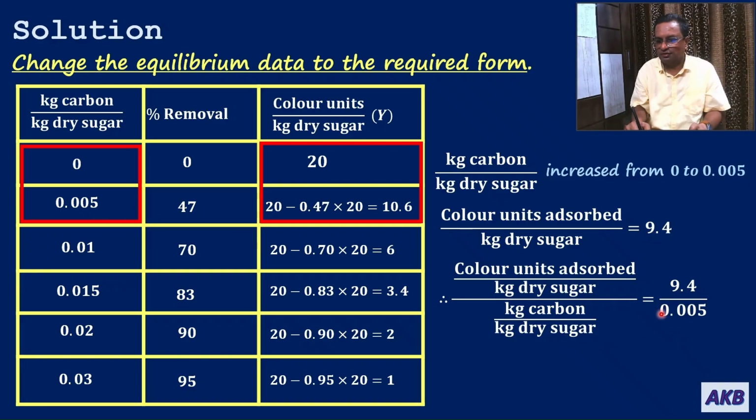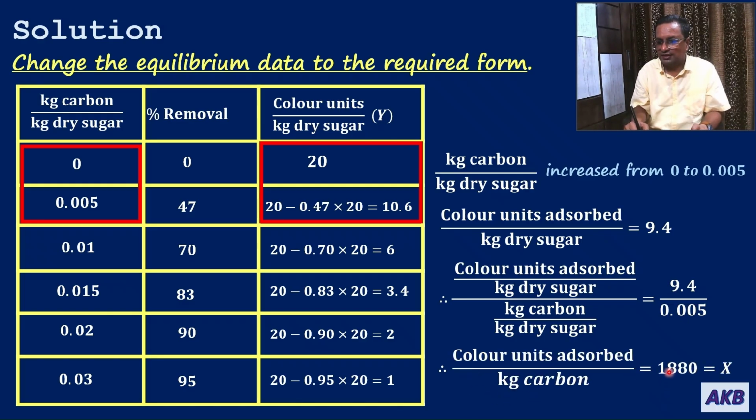So it will be 9.4 divided by 0.005. This becomes color units adsorbed per kg carbon. Kg dry sugar and kg dry sugar will get cancelled out. So we will be left with color units adsorbed per kg carbon, and this ratio comes out to be 1880, and that is nothing but capital X. So in this way, we have to get capital X, and now we will get the remaining values of X in the same way. Let us move ahead.